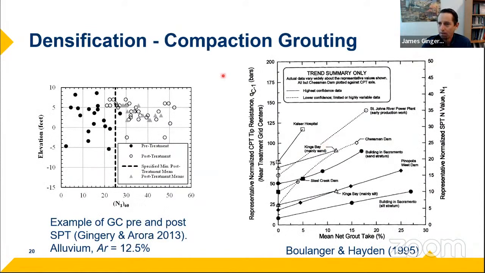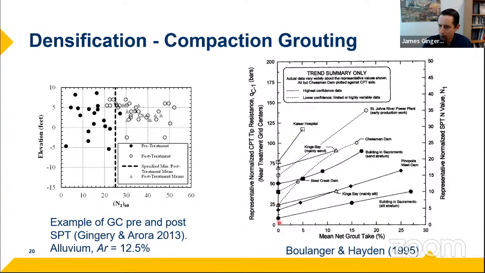Compaction grouting is another densification technique. There's a nice paper by Boulanger and Hayden from 1995 that evaluated several case studies, most of them from old Hayward Baker projects, where you have the mean net grout take on the x-axis and the penetration resistance on the y.